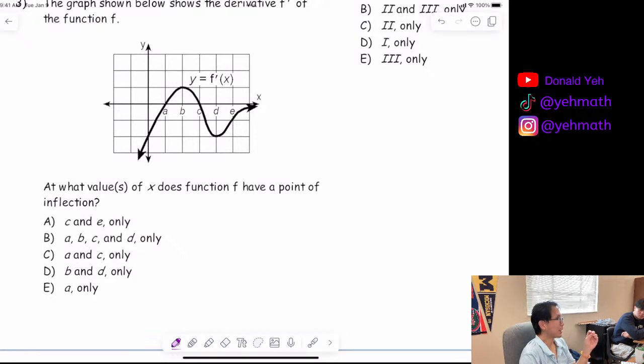Guess what? On the AP exam, a lot of the time you don't have to know how to do algebra. I have a kid named Harmon. He didn't know anything about algebra, and he got a 5 on the AP exam. What he's really good at is this type of question, analyzing. He can just look at it and say the answer.